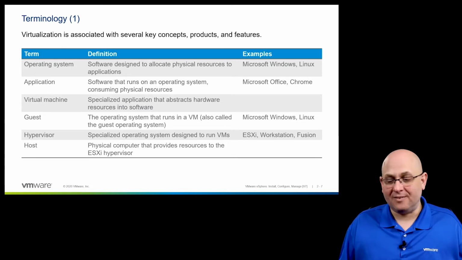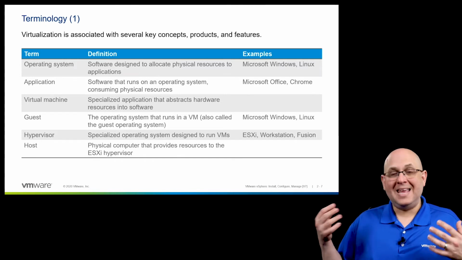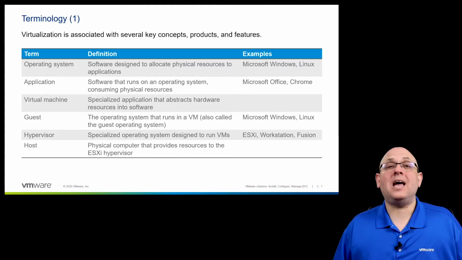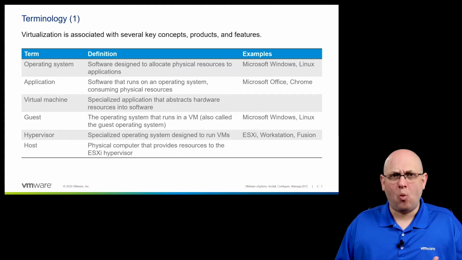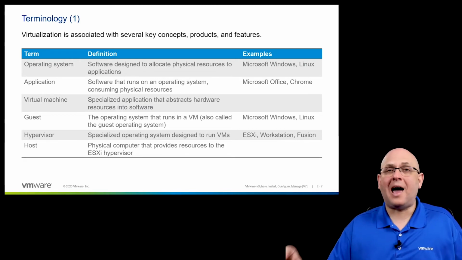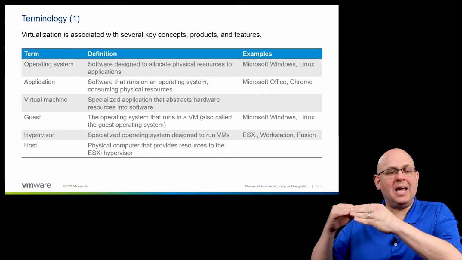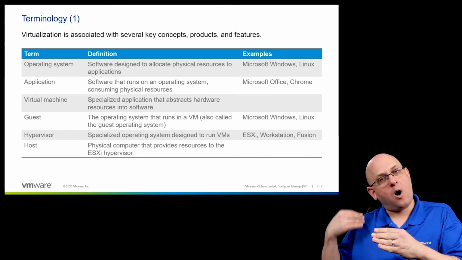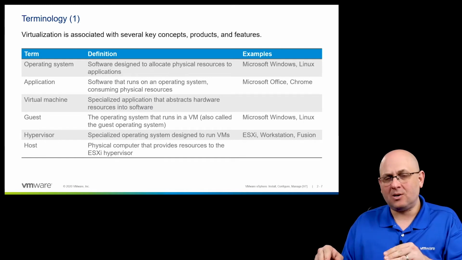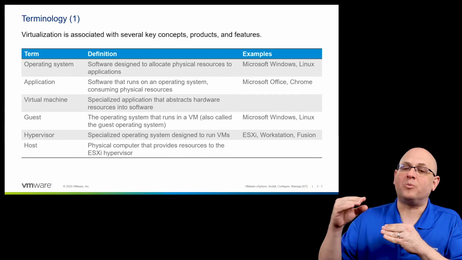Lots of different types of hypervisors. Okay? Our ESXi is the operating system that we run, a type 1 hypervisor that runs bare metal. It runs right on our hardware, right? There's no intermediary layer between our hardware and our hypervisor. And it's right on that ESXi hypervisor that we will then run virtual machines.